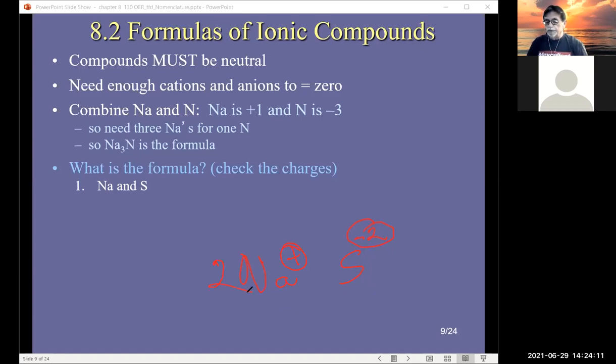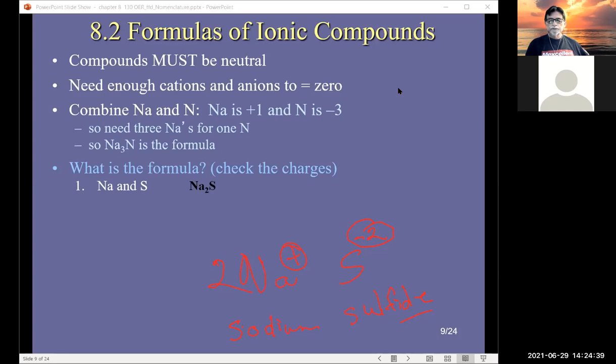That means we need two sodiums, right? And the name is sodium sulfide. Okay, not sodium sulfur because the ion is sulfide. The name changes. So there's a formula, Na2S.